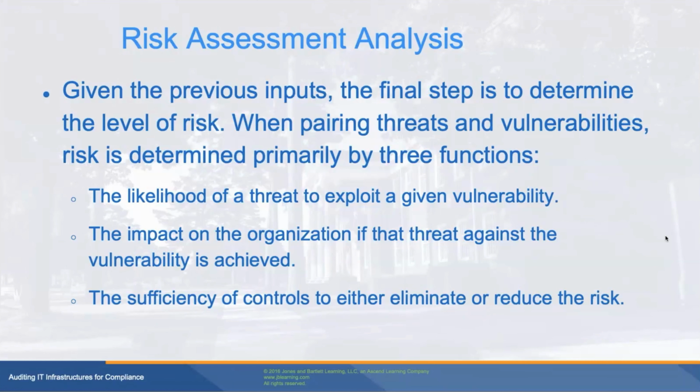Remember, you can never get your risk down to zero. You can never completely eliminate your risk. An example would be a flood. What's the likelihood that the server room is going to get flooded? Where would you go to get that information?